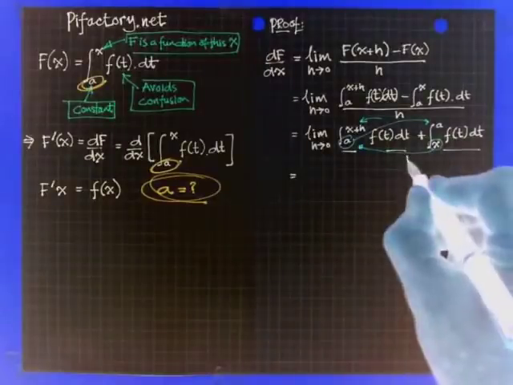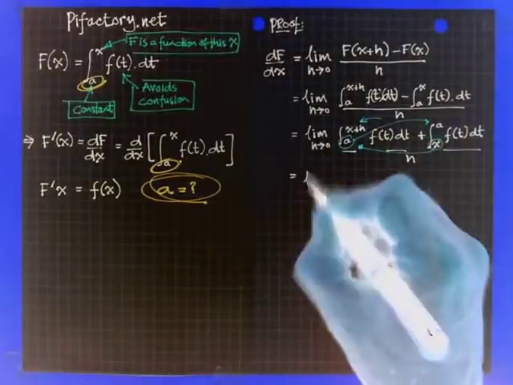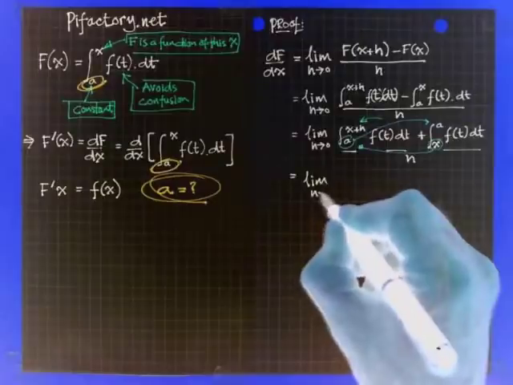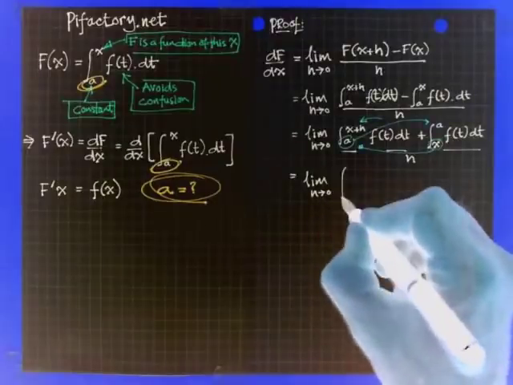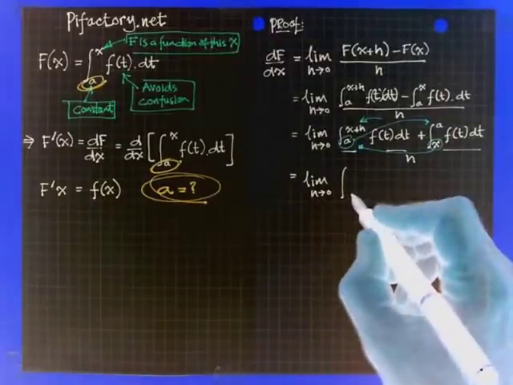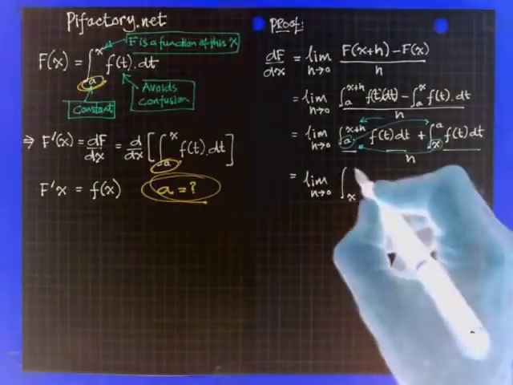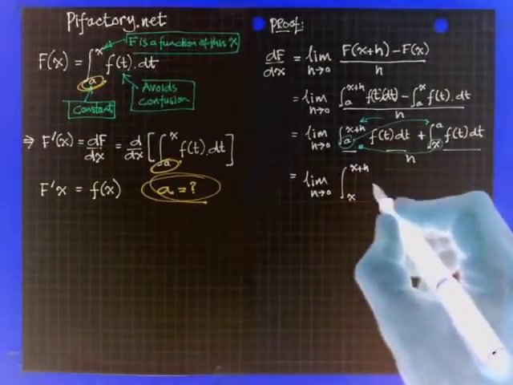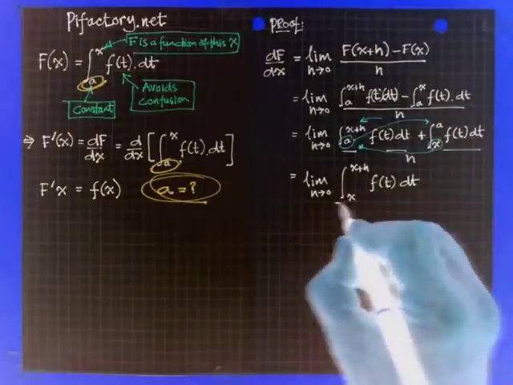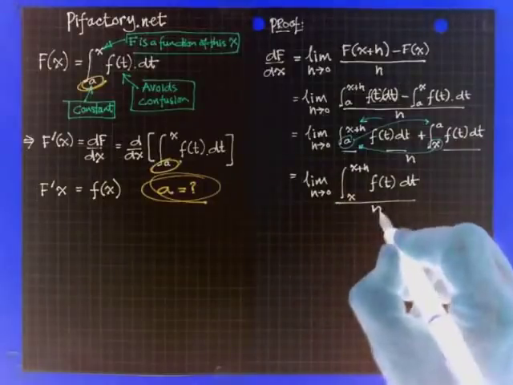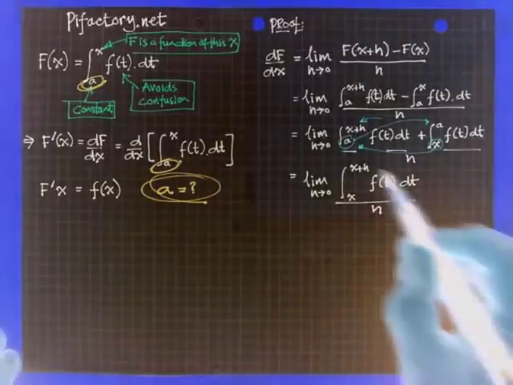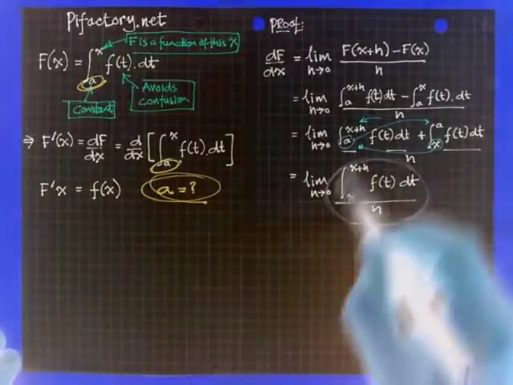So I can combine these into one integral, limit as h tends to 0, the integral that's going from a lower bound of x to an upper bound of x plus h, and that a is now disappeared, and this is of f of t dt, all divided by h. So the a has disappeared inside this proof.